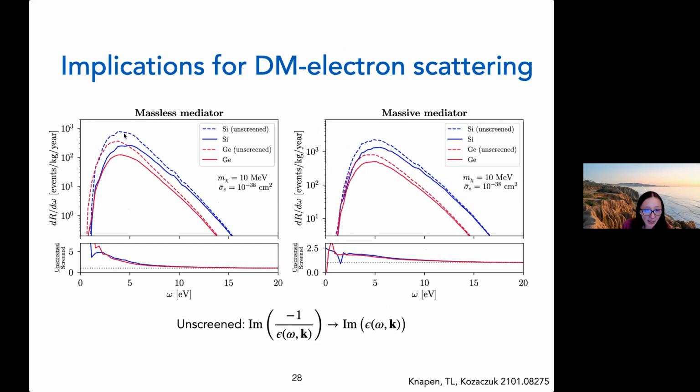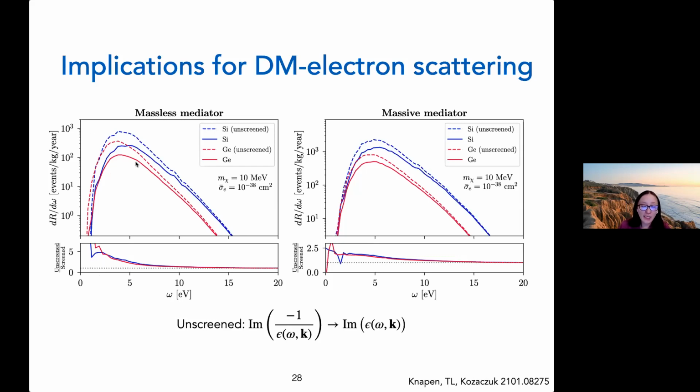The dashed line is what you would obtain without the screening effects, so basically what was done previously in the literature. And what you see is that the ratio of the two is of order 3 to 5 in this massless mediator limit. So it does suppress the rate by a non-negligible factor in the silicon and germanium semiconductors that are being used. So in principle, a lot of the limits you see should be shifted by that amount.